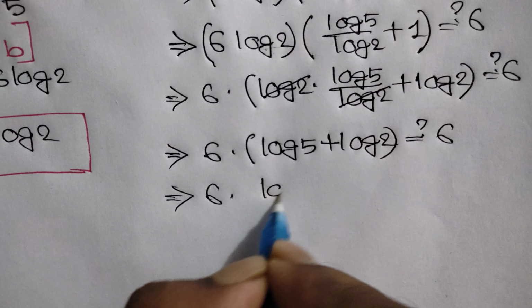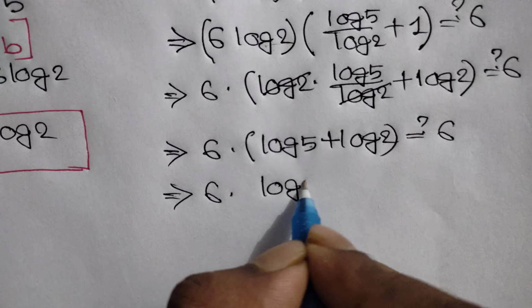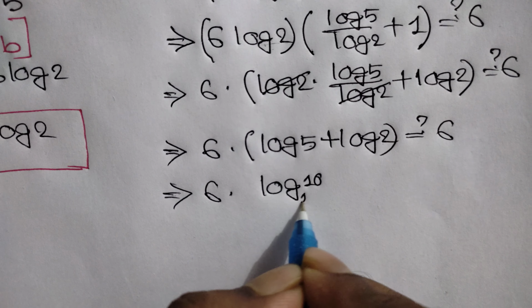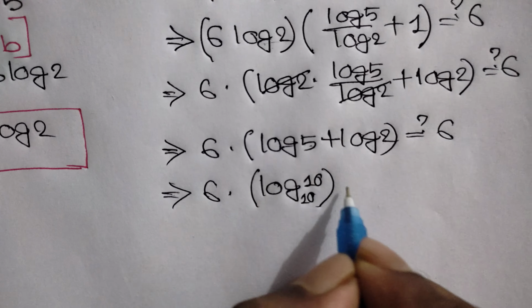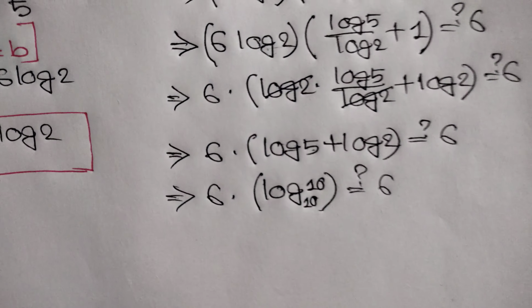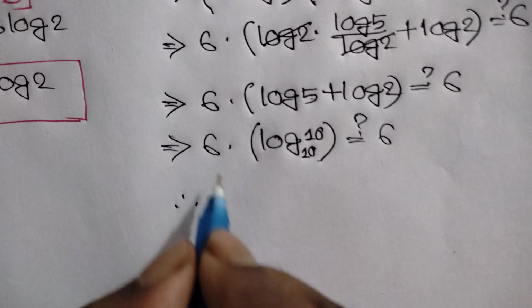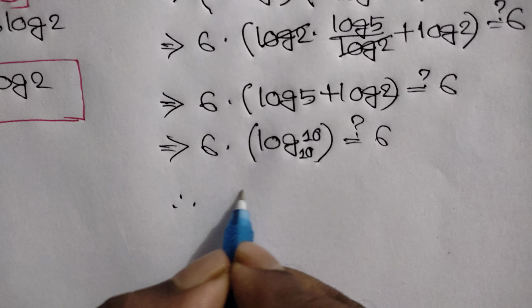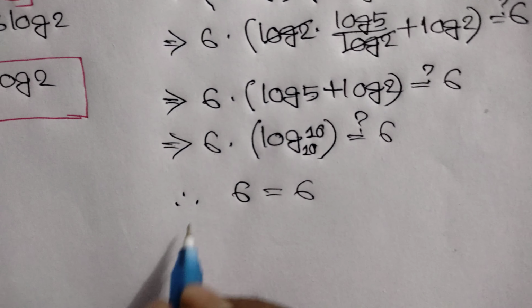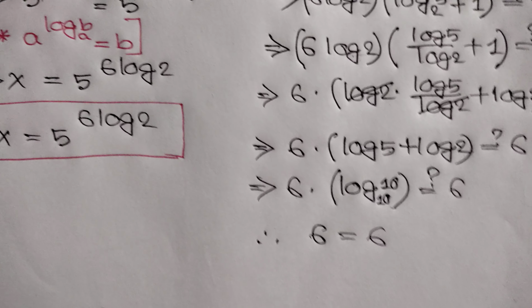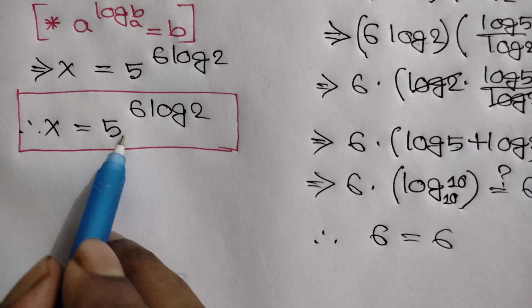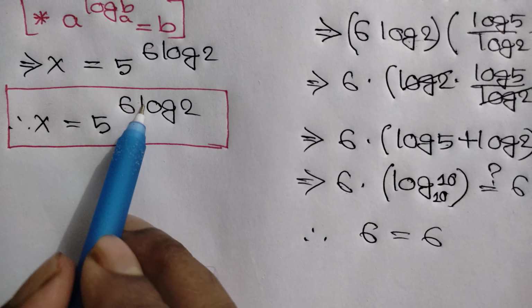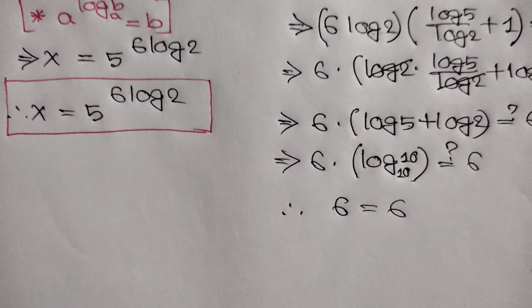Here we can write log of 5 times 2, that means log of 10, and here base is 10, is it equal to 6? So log of 10 base 10 is 1, so 6 times 1 is 6, so 6 is equal to 6. Left hand side is equal to right hand side, so our final value of x equal to 5 to the power 6 times log of 2 is correct.